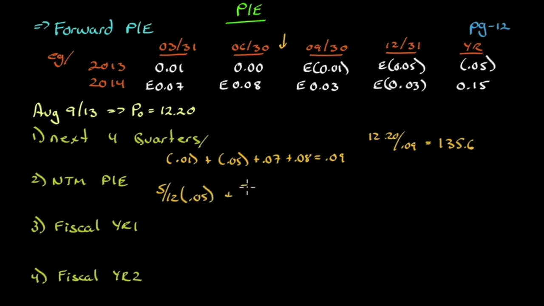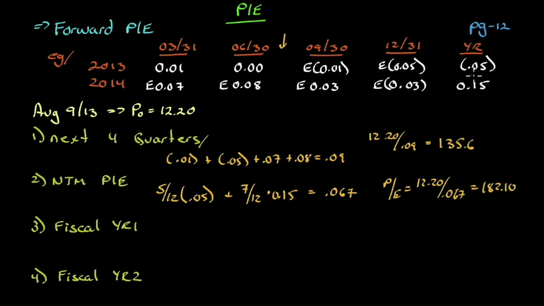Plus, we would have 7/12 of 0.15, and that's positive. Let's make sure that we have that right. And that'll give us 0.067 as our EPS. If you do the arithmetic on that, that's what you should get. So our PE in this case is going to be 12.20 divided by 0.067, which will give us 182.10.